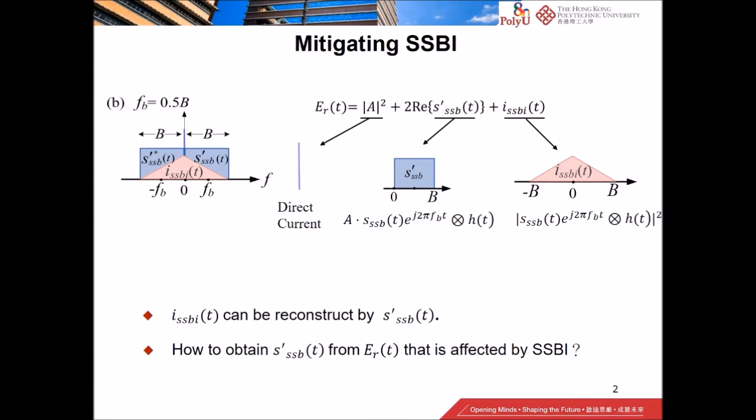Now, let's look at this question of mitigating the SSB interference. One simple way to eliminate the interference is to have a very large DC power, because the signal term here depends on the amplitude of the DC signal. Besides that, there are still a lot of other ways to eliminate the SSB interference.